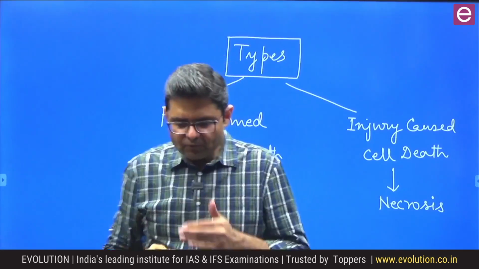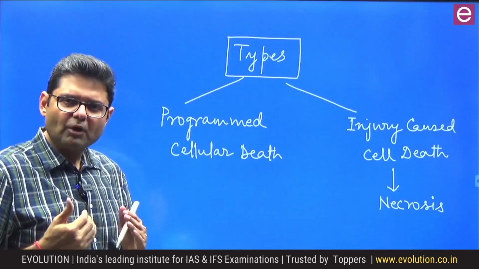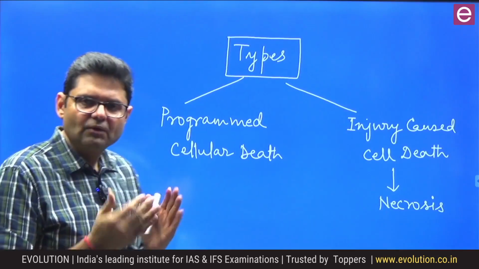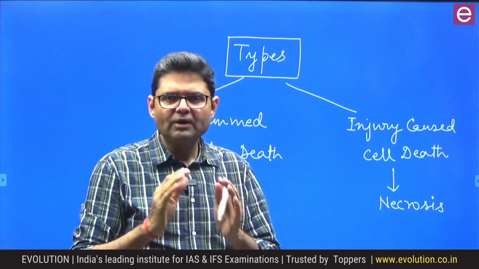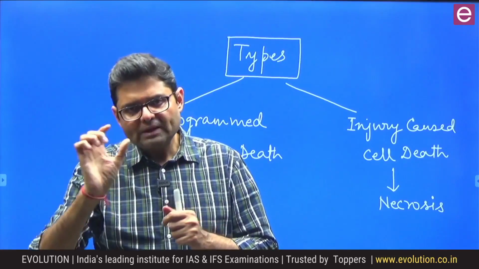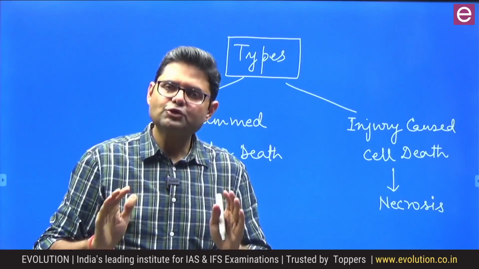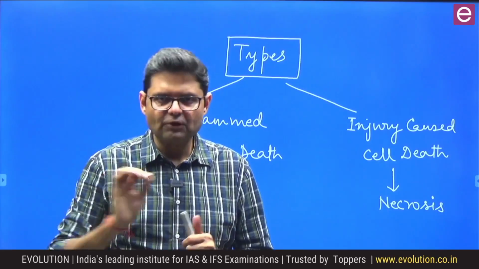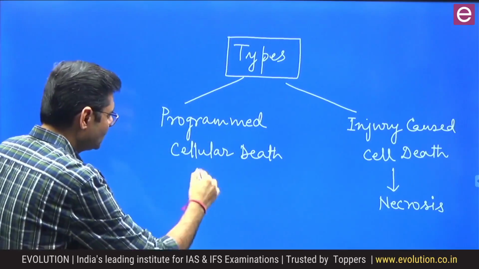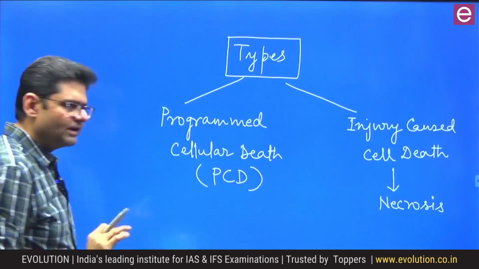Okay, but when the cell's death is actually a part of the body's larger design, then the body controls which cell to die, when to die, and by what process it should die. This kind of death is known as programmed cellular death. In short, you can call it PCD.